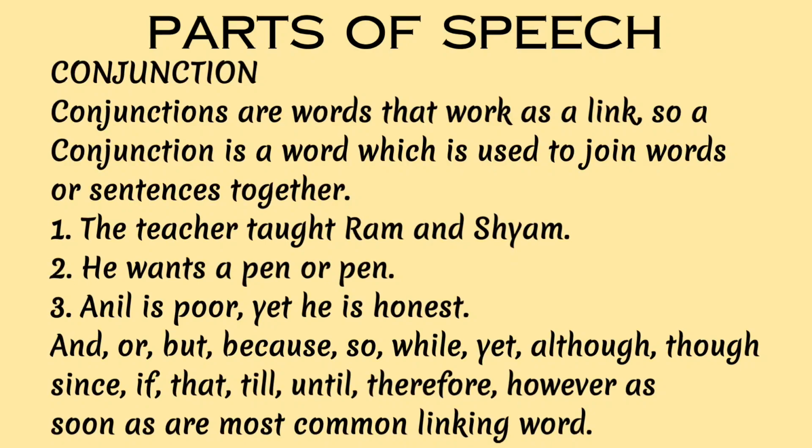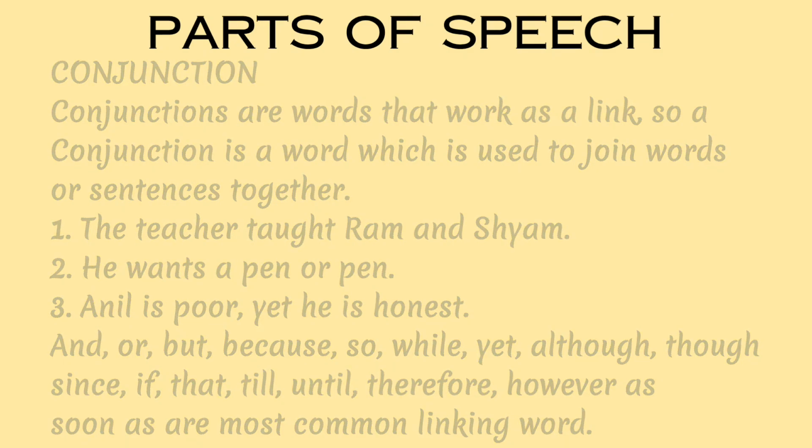The next one, conjunction. Conjunctions are words that work as a link. So a conjunction is a word which is used to join words or sentences together. The common conjunctions are and, or, but, because, so, while, since. They are all linking.